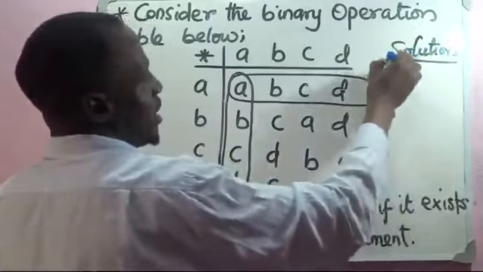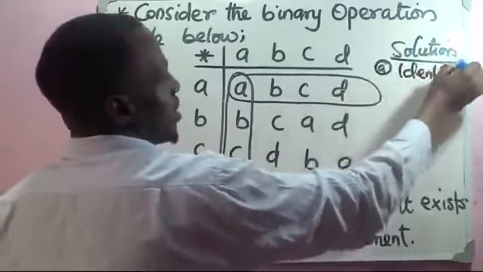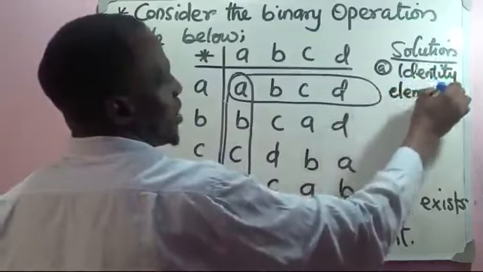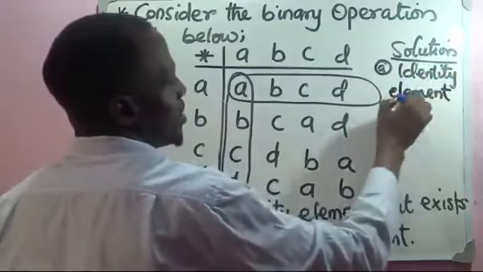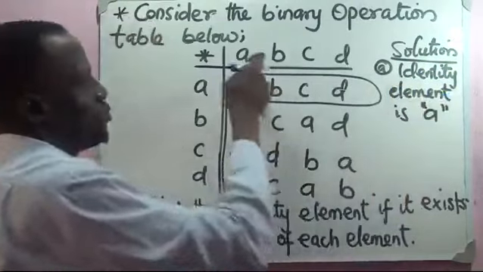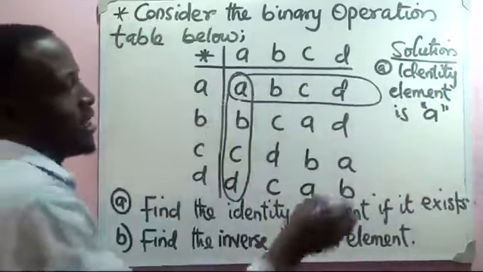Identity element is A, because the two borders met at point A. That's your identity element. Full stop.